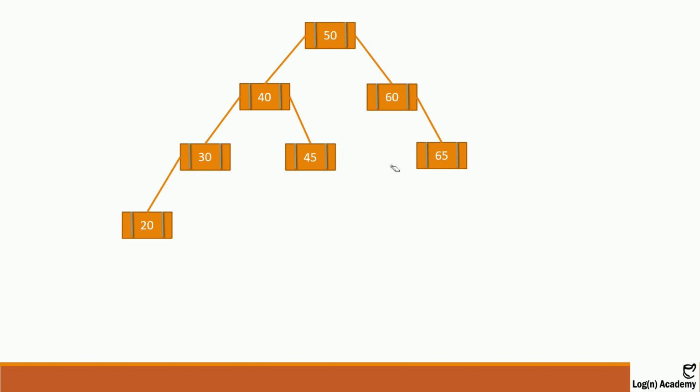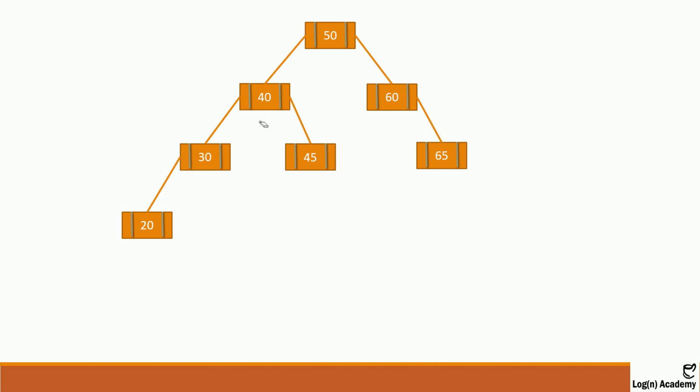So if I want to traverse from parent to child, for example, from 50 to 40, I can use this reference and I can move from parent to child. But what if I want to move back, from 40 to 50, or from 30 to 40?